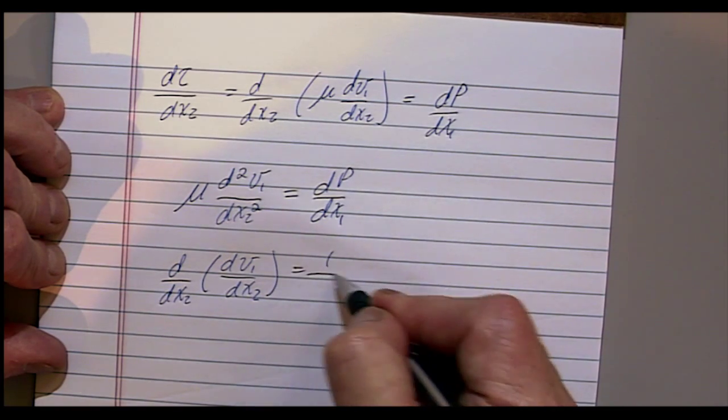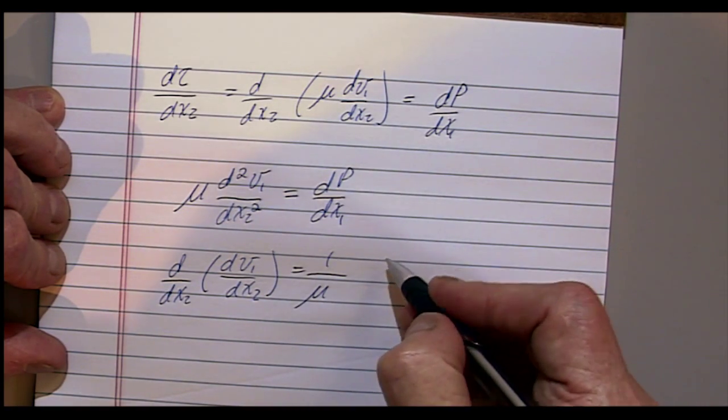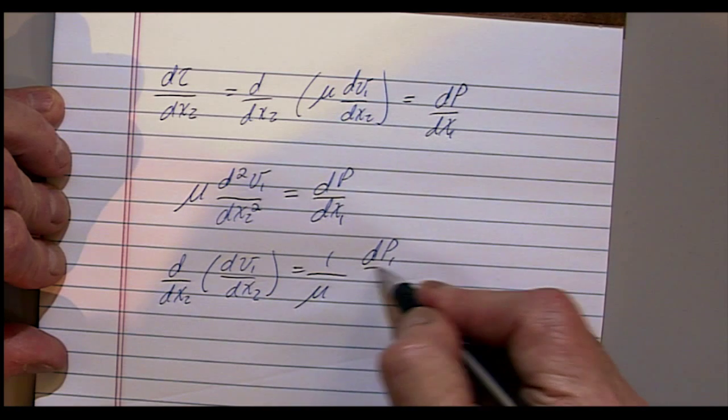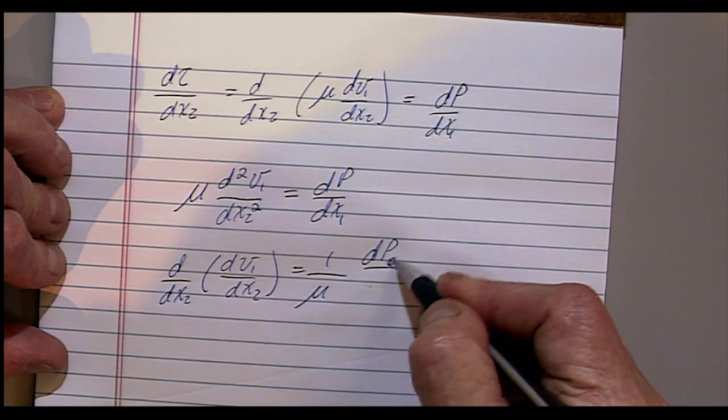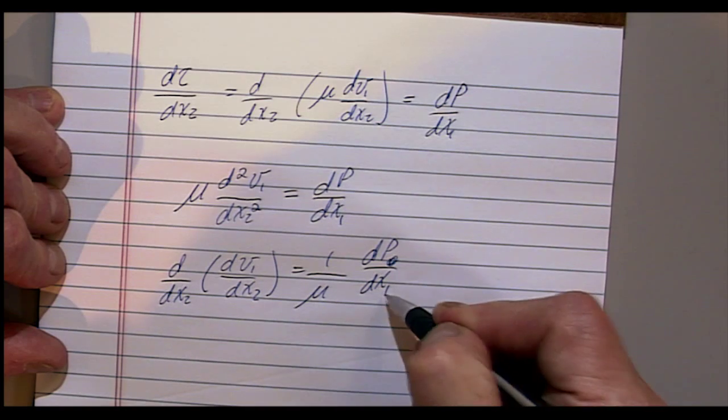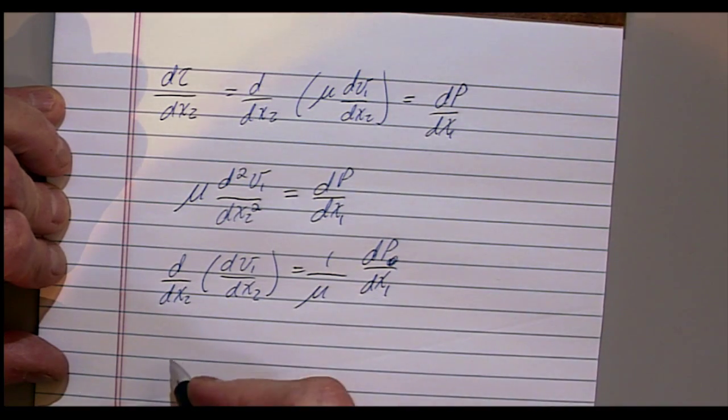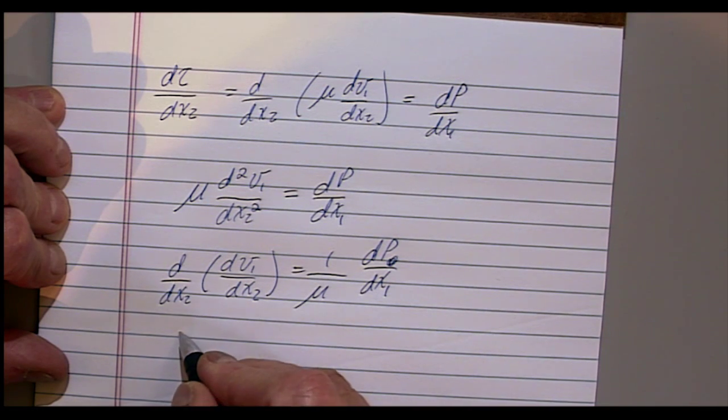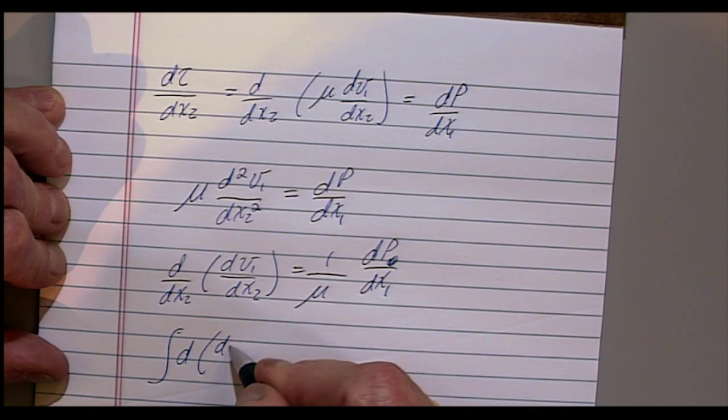And I have 1 over mu on the right-hand side times the pressure gradient, dp with respect to x1. I can now integrate, and if I do, I end up with the integral of d dv1 dx2.